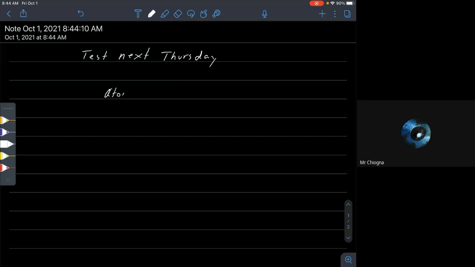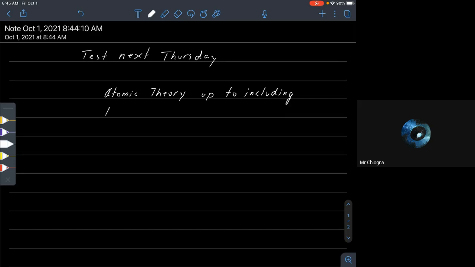It's on atomic theory, up to and including Bohr models for compounds, which include the covalent and ionic.